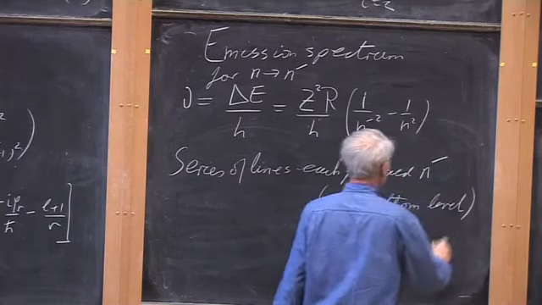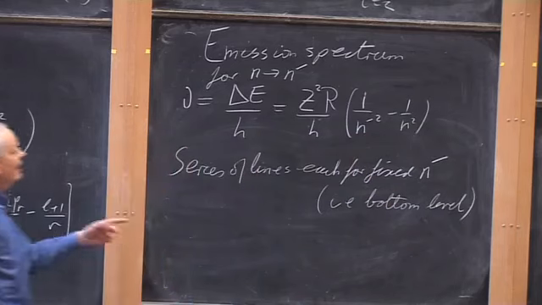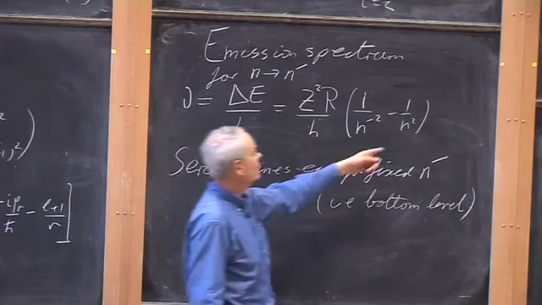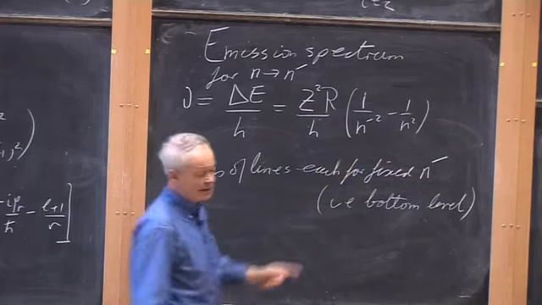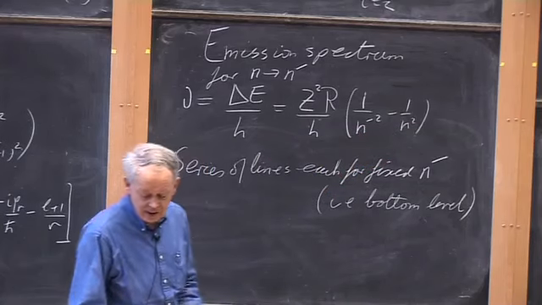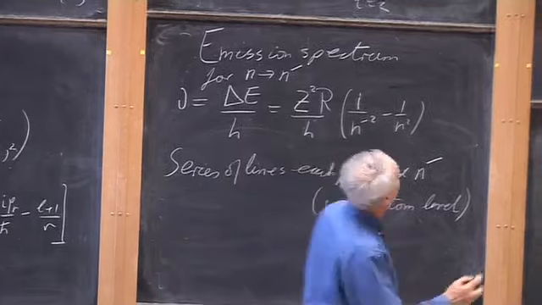So if we fix n primed at 1, we can have transitions from n is 2 to 1, or n is 3 to 1, or n is 4 to 1, and these are the successive lines of the Lyman series.